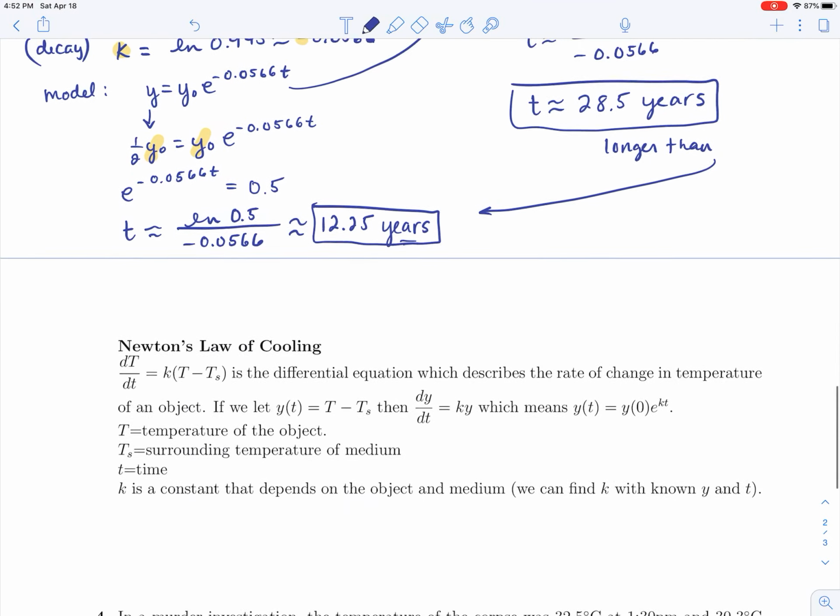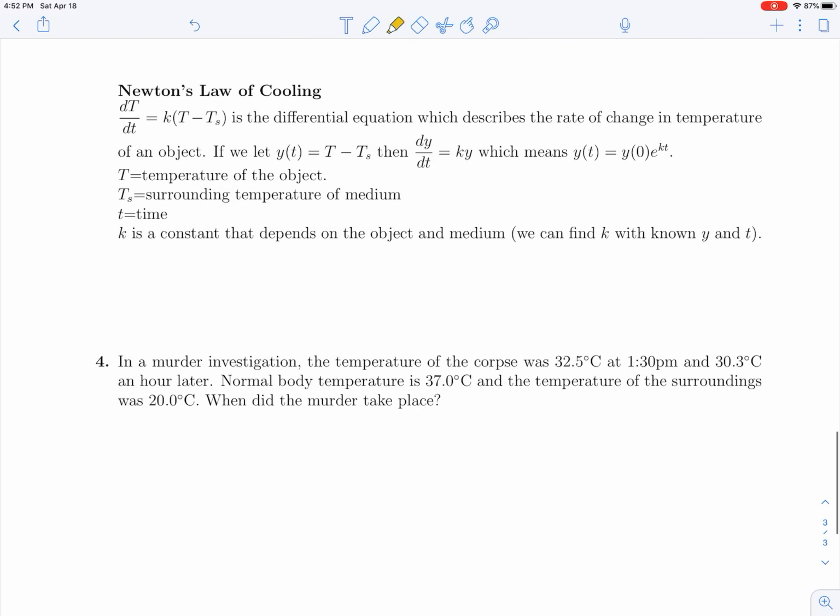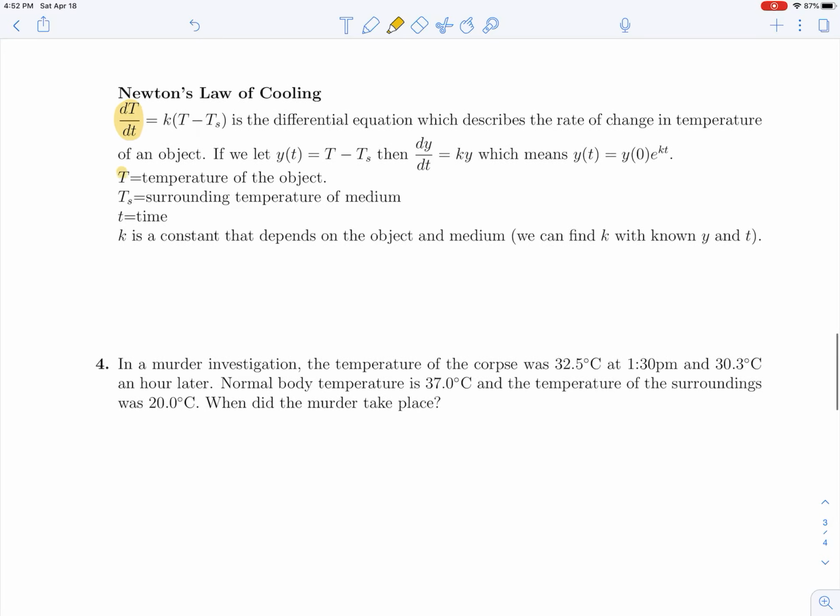So, okay. This next example has Newton's law of cooling. This is also defined by a differential equation. We have the rate of change of the temperature. So capital T is for temperature, and dt, the lowercase t, is time. And that is pretty conventional.